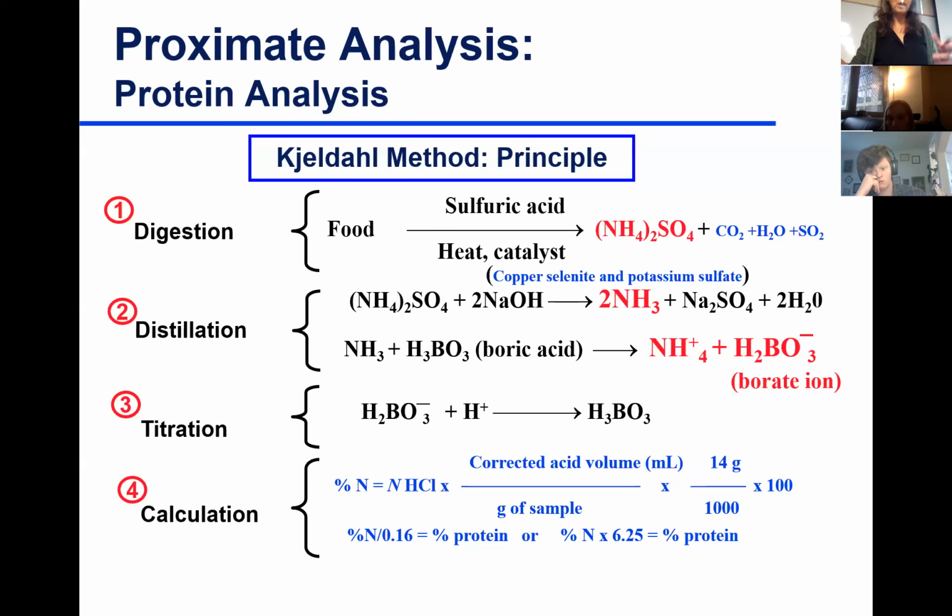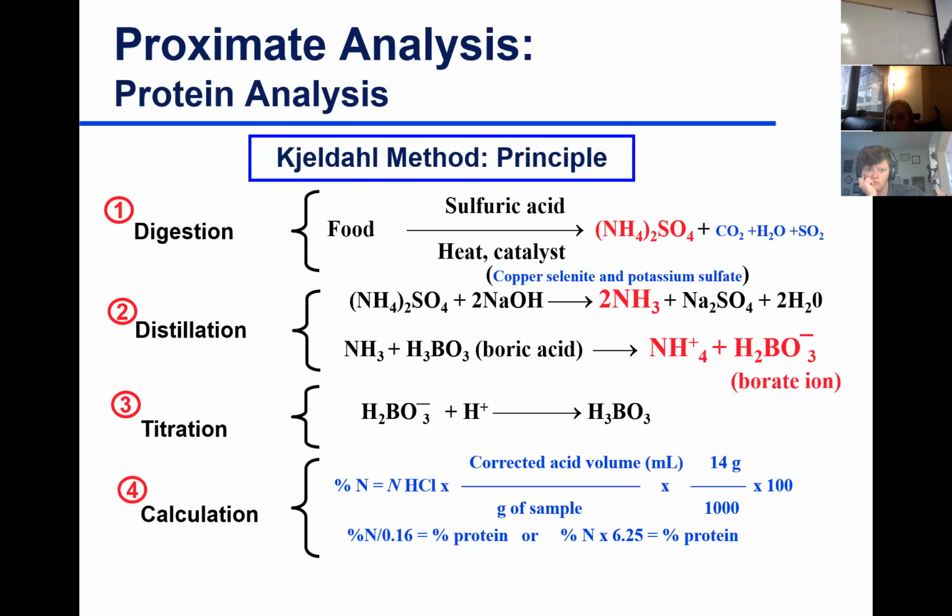There's micro Kjeldahl and there's the regular Kjeldahl. It also depends on how much nitrogen you have. The higher the nitrogen, depending on the size and volume of your tube, you might want to weigh less of your sample so that you don't have a lot of nitrogen and not enough reagent to react with it.